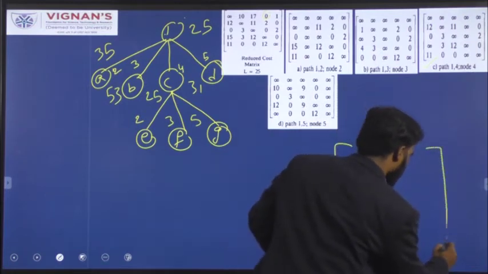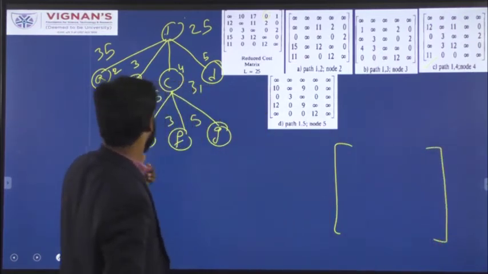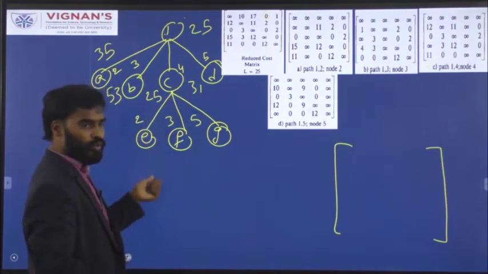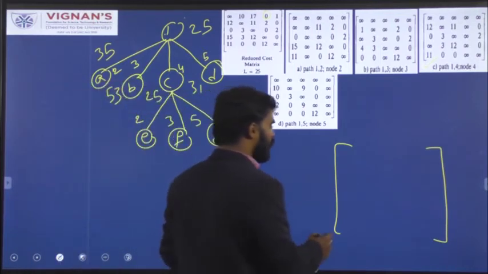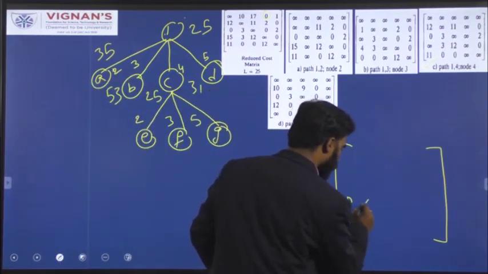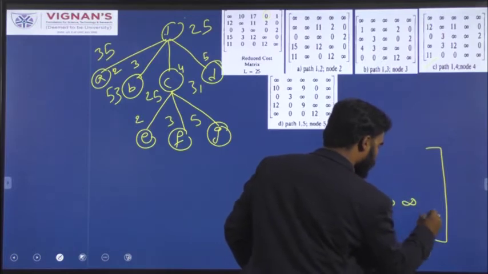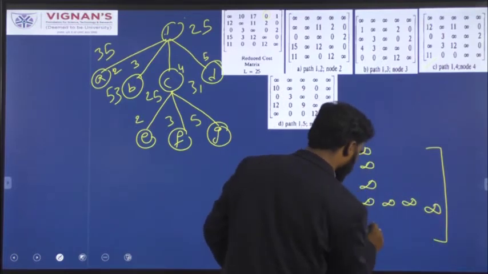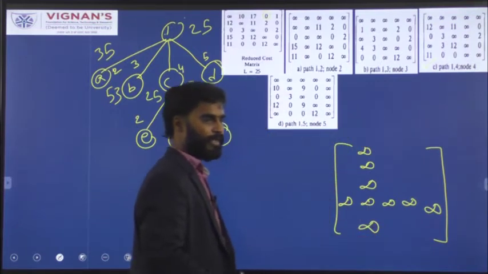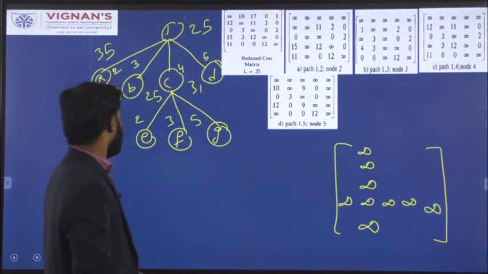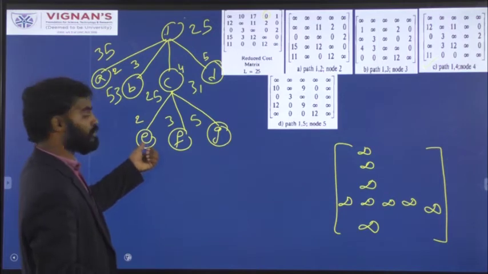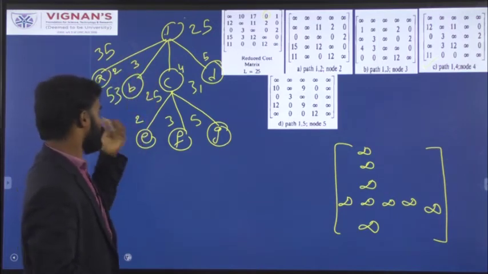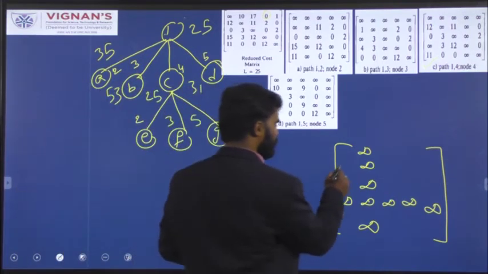When I say 4 to 2, I have to make the 4th row and second column as infinity, as well as the distance from the current node to the root node as infinity. So 2 to 1 as infinity.